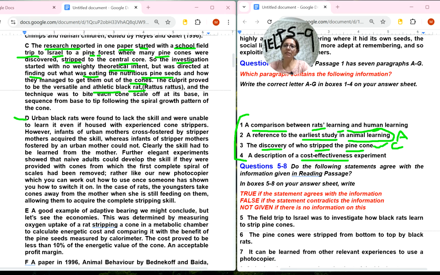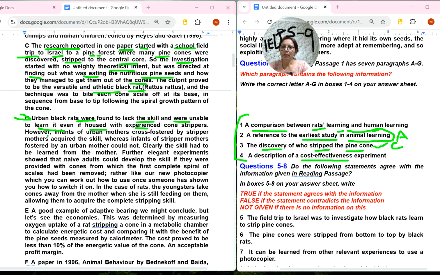Now let's read this D number paragraph. Urban black rats were found to lack the skill and were unable to learn it even if housed with experienced cone stripers. However, what we have left is a comparison between rats learning and human learning, and a description of a cost effective experiment.